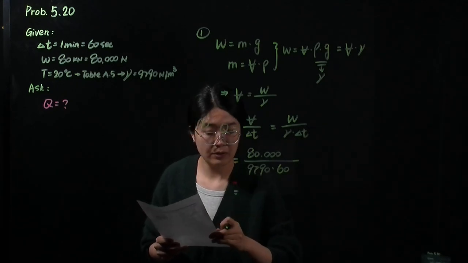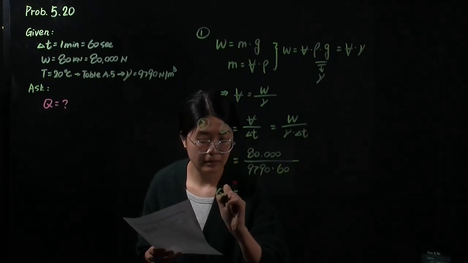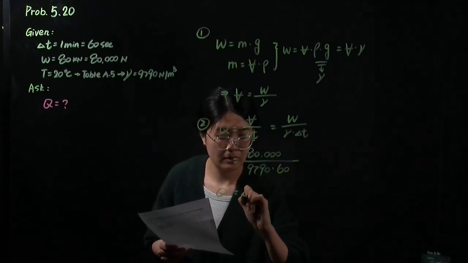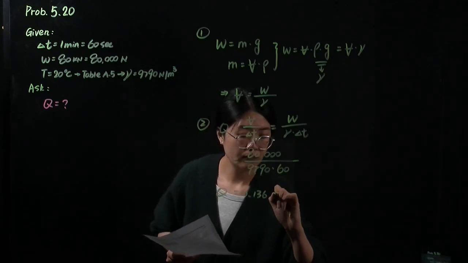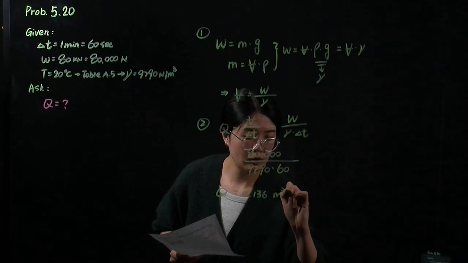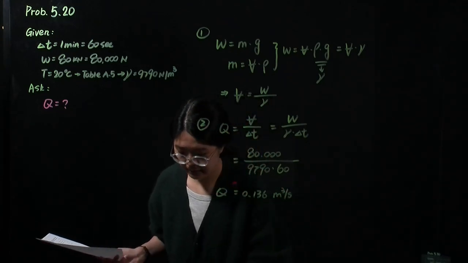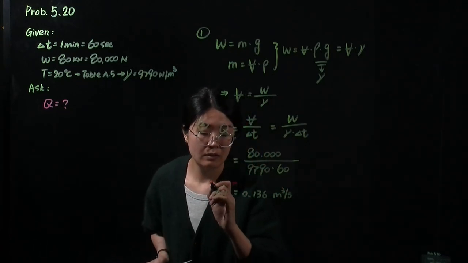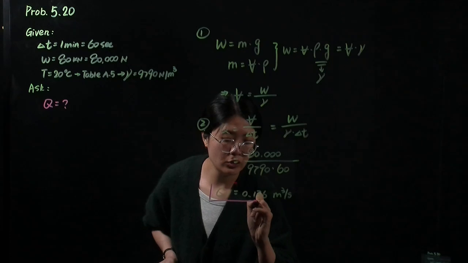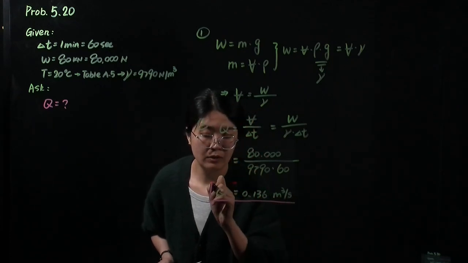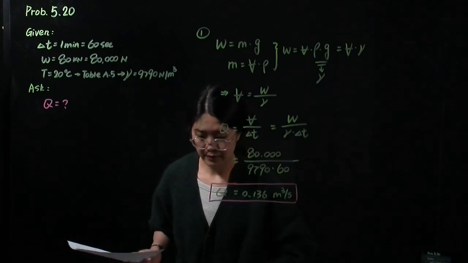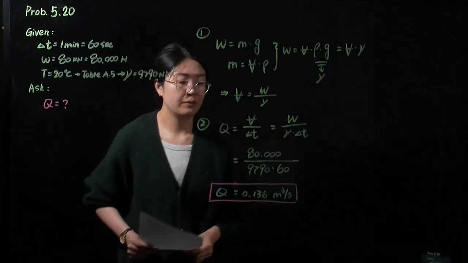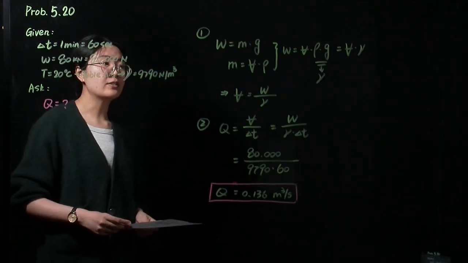So after we calculate this equation, it equals 0.136 cubic meters per second. In this problem, we should pay attention to the unit conversion, okay? So here's the result for the last problem.